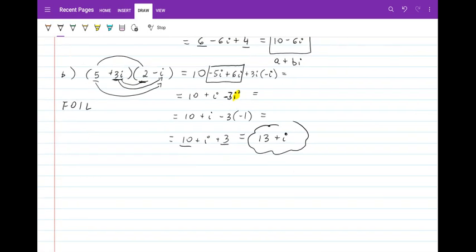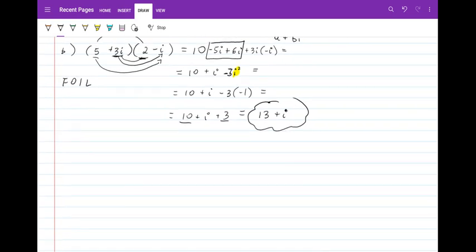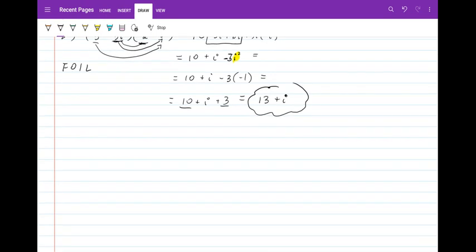Also, you can divide complex numbers, but before I introduce division, we need to introduce the definition of complex conjugate.